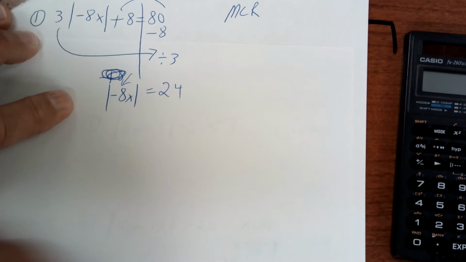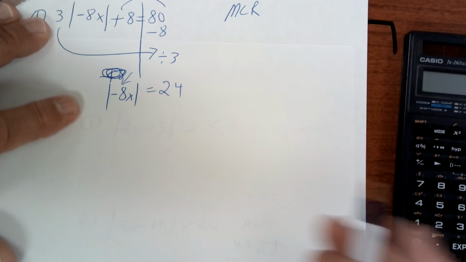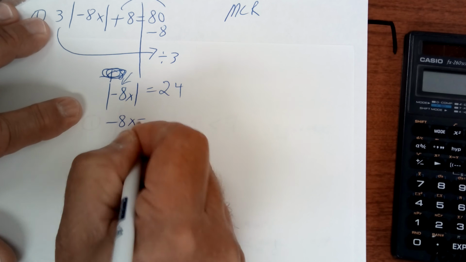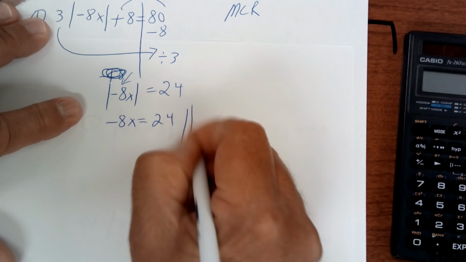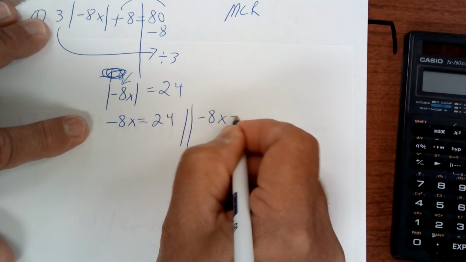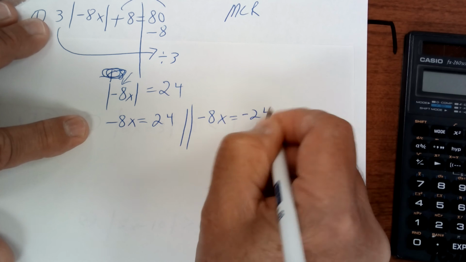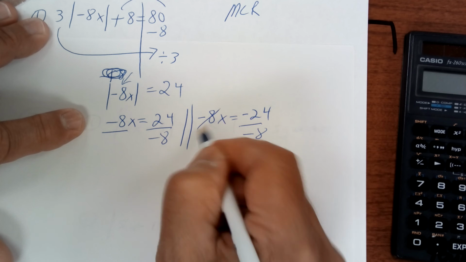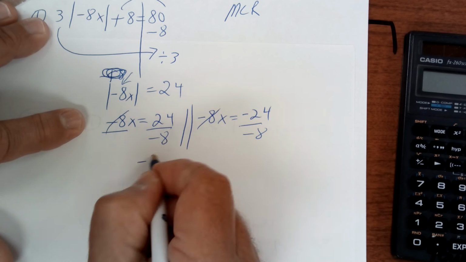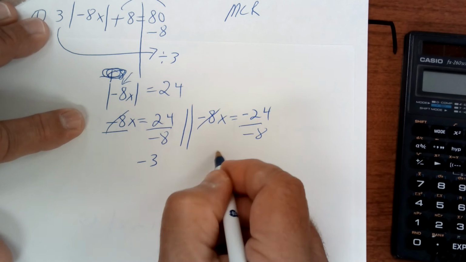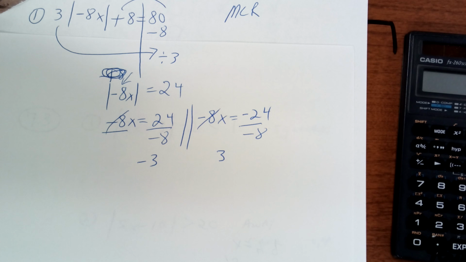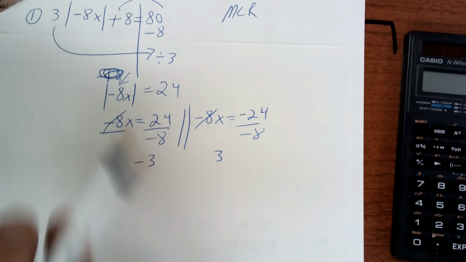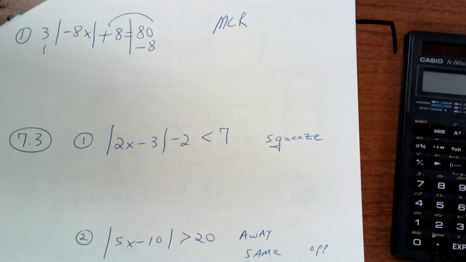No, leave it the way it is. So put negative 8x is equal to 24, and then the other one you're going to put negative 8x is equal to a negative 24, and then you're going to divide by negative 8, and when you divide by negative 8, you're going to get a negative 3 here, and you're going to get a positive 3. And that's how you do it. Again, don't change that.